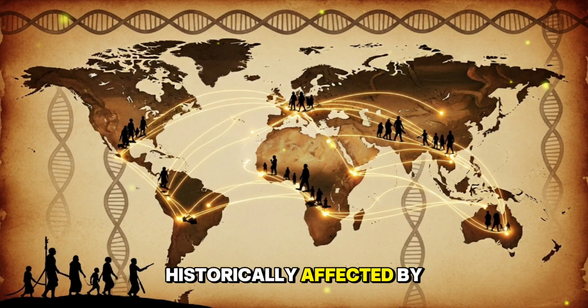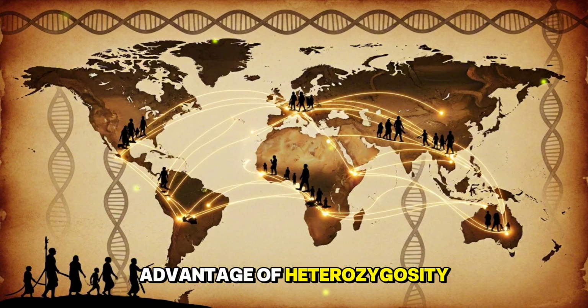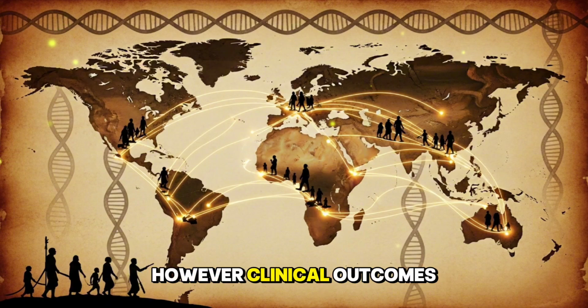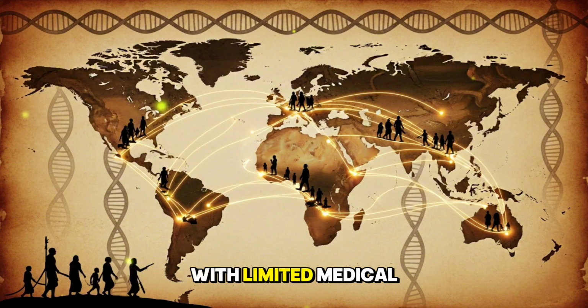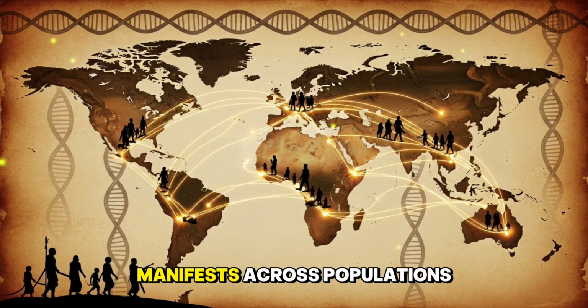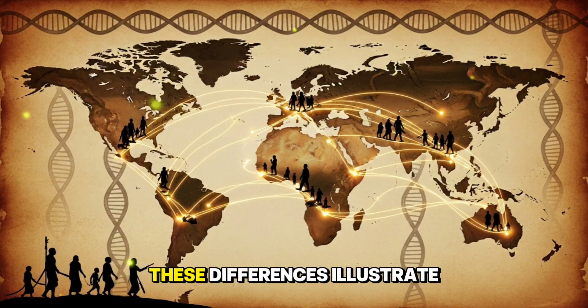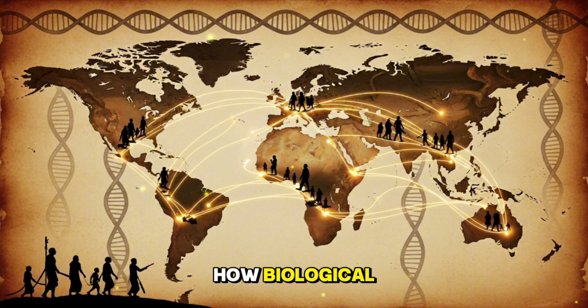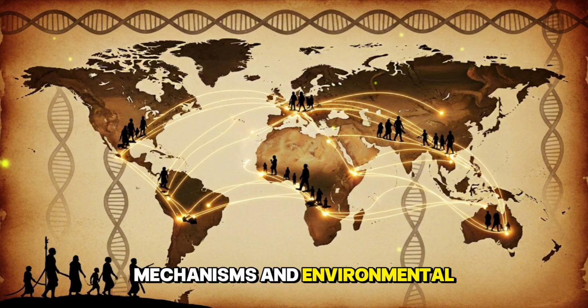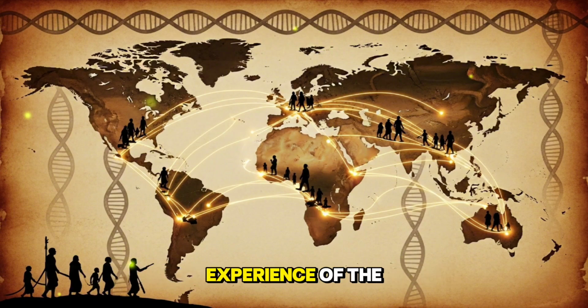Regions historically affected by malaria show higher carrier frequencies, reflecting the selective advantage of heterozygosity. However, clinical outcomes differ in areas with limited medical access, creating variation in how the condition manifests across populations. These differences illustrate how biological mechanisms and environmental settings shape the lived experience of the disorder.